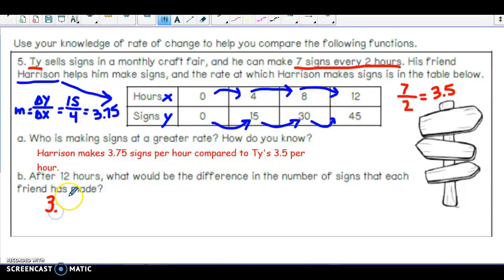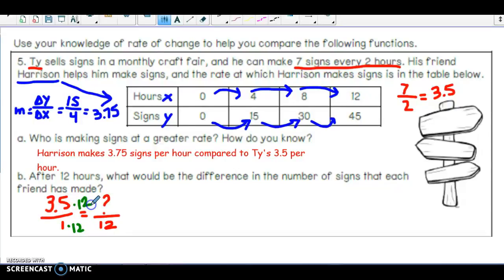Ty can make 3.5 signs in 1 hour. If we want to figure out how many he makes in 12 hours, we know that we would have to take our fraction and multiply by 12, not only on the bottom, but also on the top.